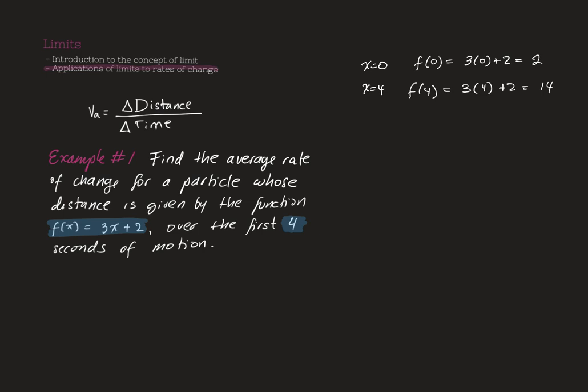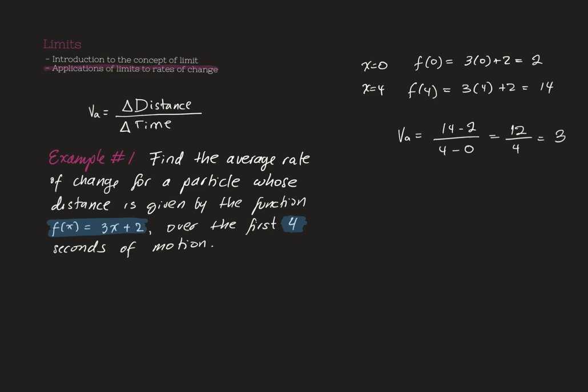Now we want to know the average rate of change for this particle. The average rate of change is going to be 14 minus 2 divided by 4 minus 0. Now 14 minus 2 is 12, 4 minus 0 is 4, and this is equal to 3.